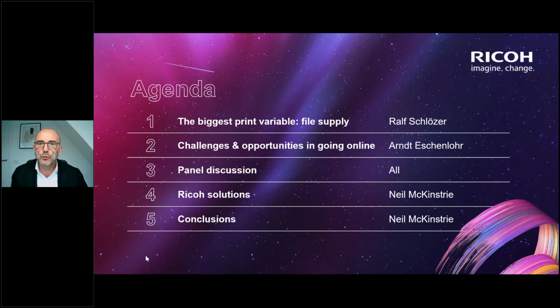And then we will move on to a panel discussion in which our panelists will tackle some thought-provoking questions and share their professional opinions. Let's see if they all agree on that. And after that, there will be a short run through of some of Ricoh's relevant solutions before we wrap up.